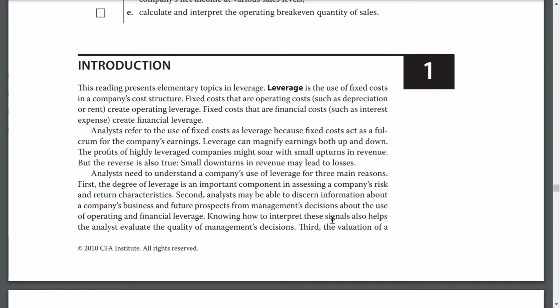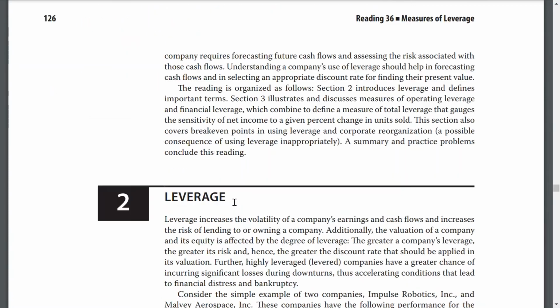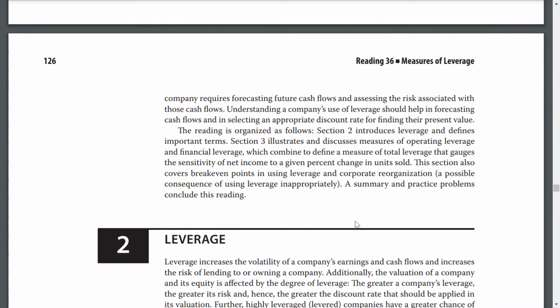Knowing how to interpret the signals also helps analysts evaluate the quality of management decisions. Third, the valuation of a company requires forecasting future cash flows and assessing the risk associated with those cash flows. Understanding a company's use of leverage should help in forecasting cash flows and selecting an appropriate discount rate for finding the present value.